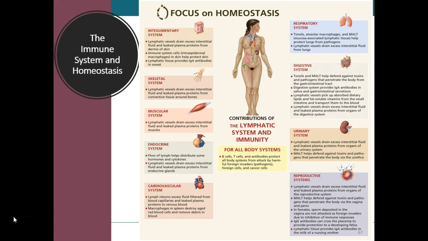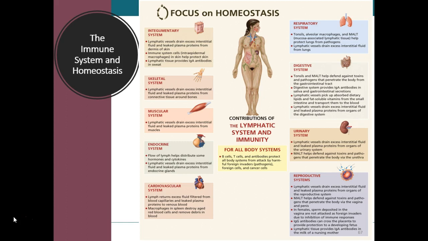Lymphatic vessels pick up the excess fluid around the tissues and return it back to the cardiovascular system. Lymphatic vessels drain excess fluid around the kidneys, and the mucosal associated tissues help to defend the body against toxins and pathogens that penetrate through the urethra. So the urinary system, of course, is tied in with the lymphatic and immune system.